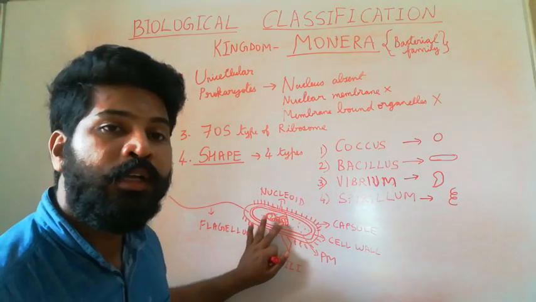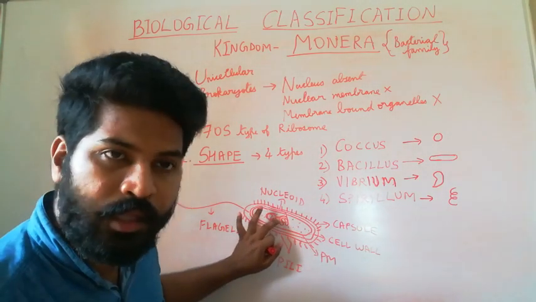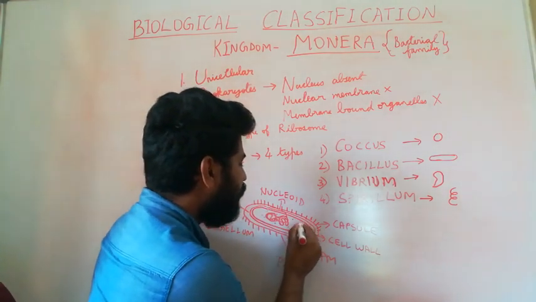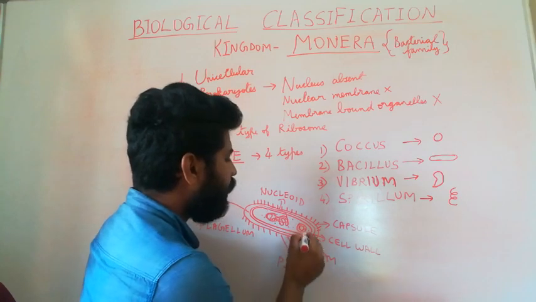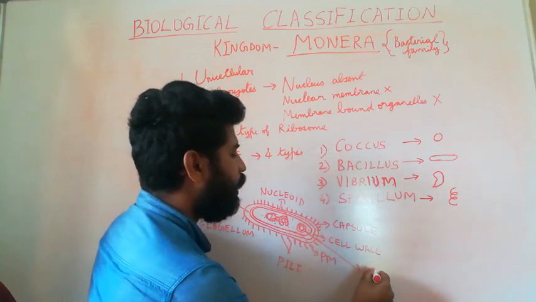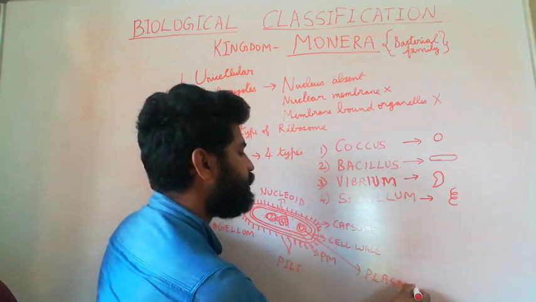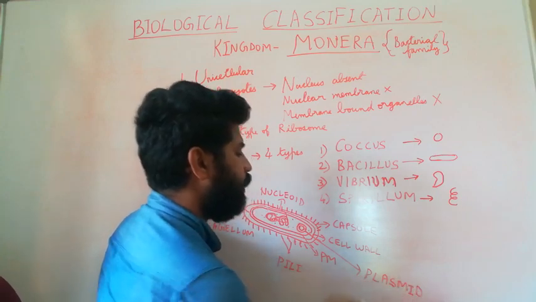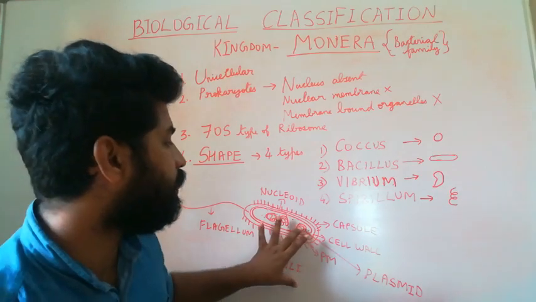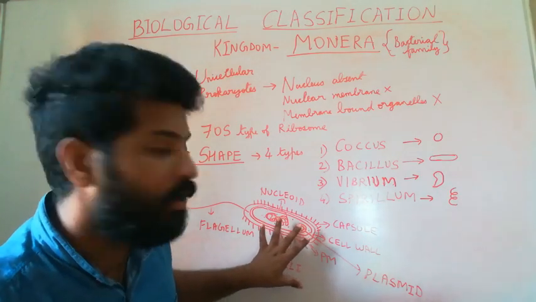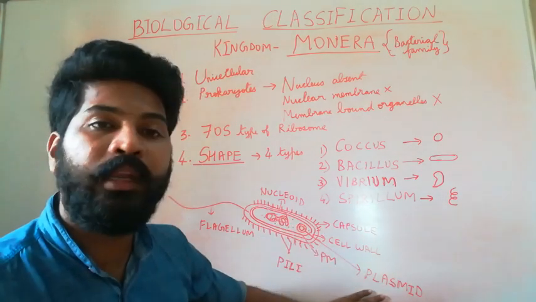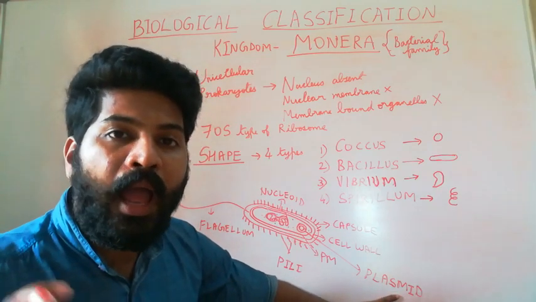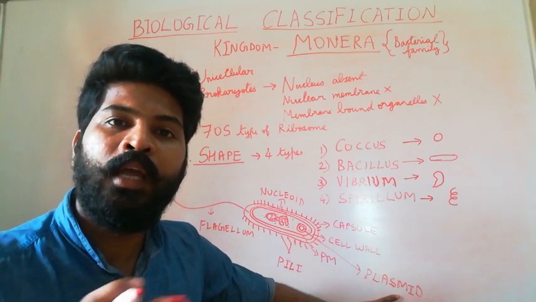Other than the chromosomal DNA, bacteria also contain double-stranded circular DNA called plasmids. This is a unique feature of bacteria. These are extra chromosomal circular DNA. Plasmids are known to offer antibiotic resistance in bacteria.